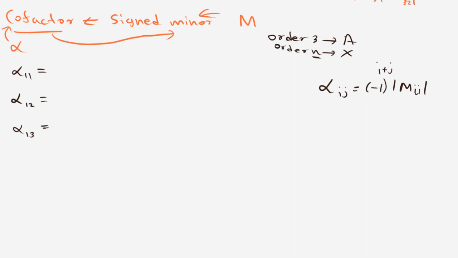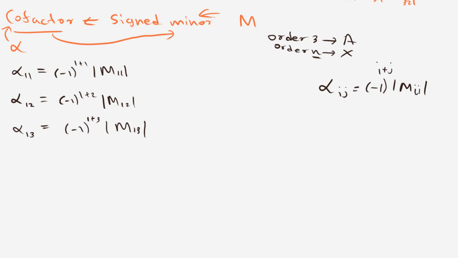So if we wanted to take the cofactor of 1 1, we have -1 to the 1 plus 1, then minor 1 1. If you want to take the cofactor of 1 2, then -1 to the 1 plus 2, then minor 1 2. So likewise, now you know the pattern. You can take any number of cofactors like this. So it is super easy.